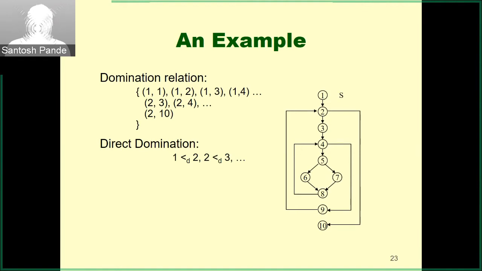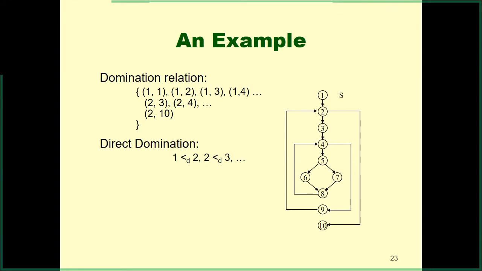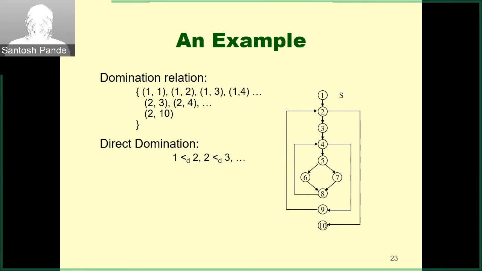You can see here, if you consider these different paths, 1 is dominating itself, of course, a simple reflexive relation. 1 is dominating 2 also, because there's no way to reach 2 from anywhere except from 1. 1 is dominating 3, 1 is dominating 4, and so on.